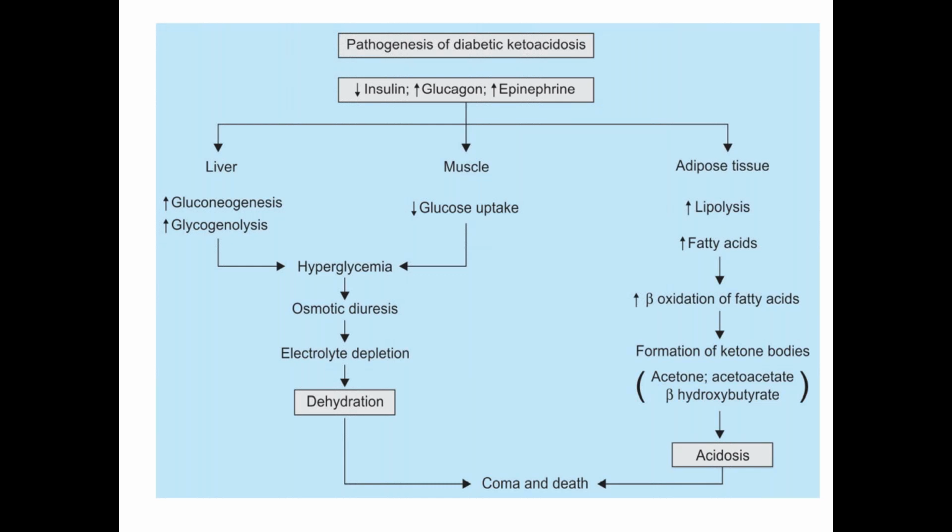So these are diabetogenic hormones, and in the liver this leads to increased gluconeogenesis and increased glycogenolysis. So glycogen is broken down and proteins are converted into glucose.